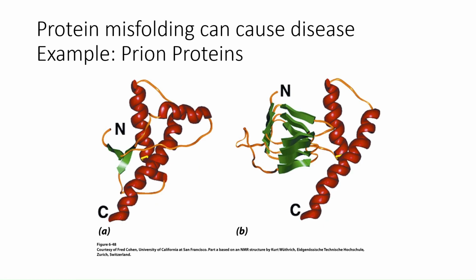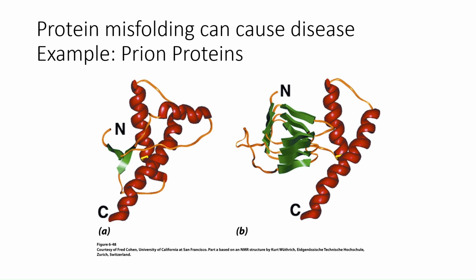So that brings us to a more clinical connection. We just saw a video of GFP folding correctly, but there are a number of diseases that we are aware of that are caused purely by protein misfolding. One example is prion proteins.